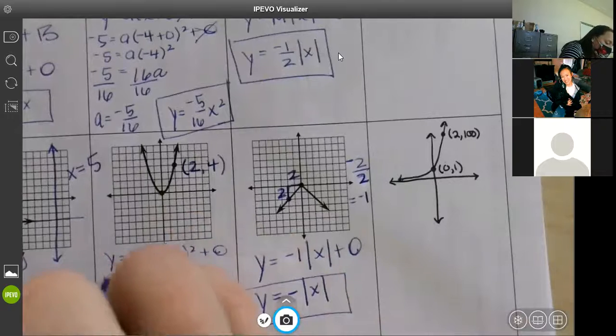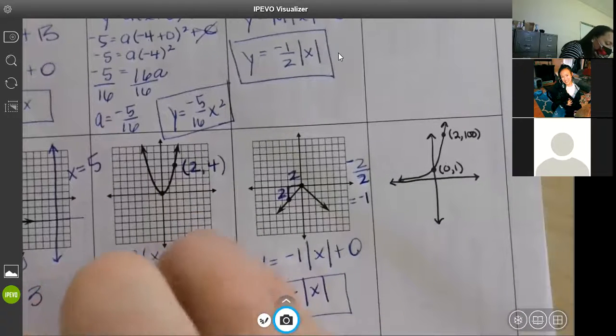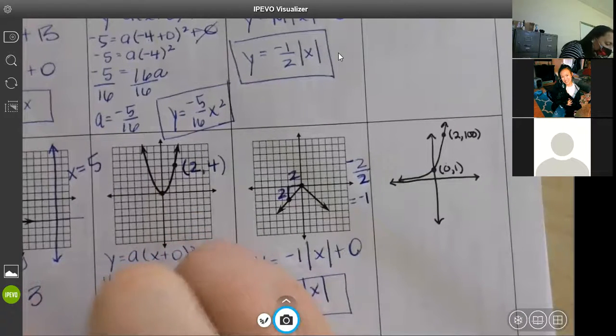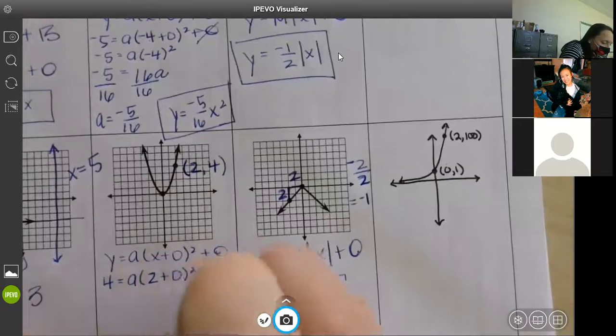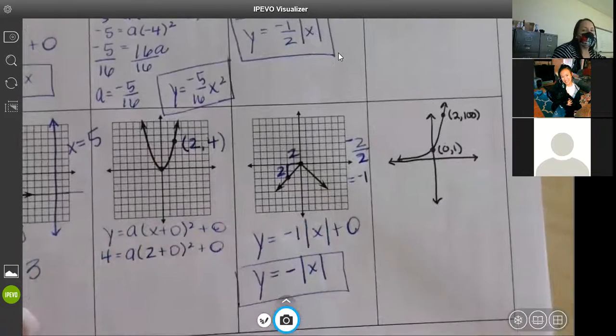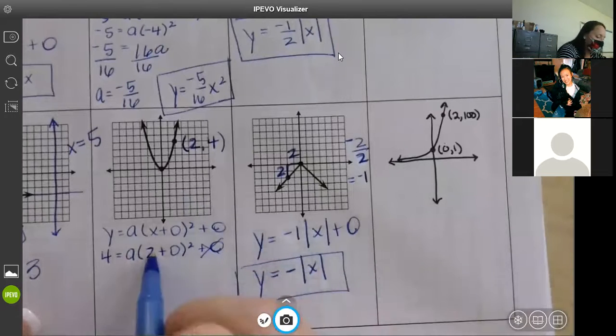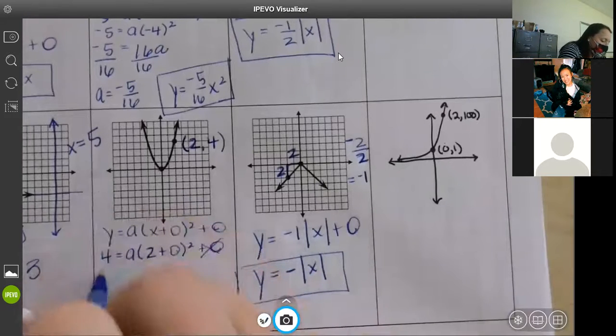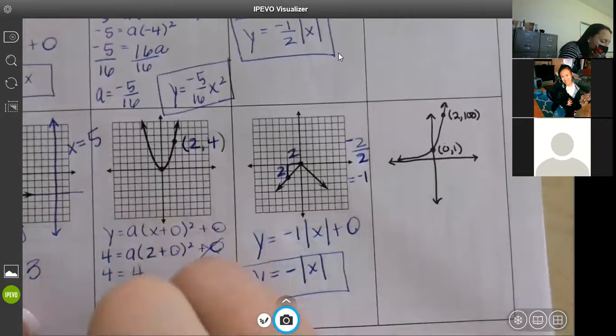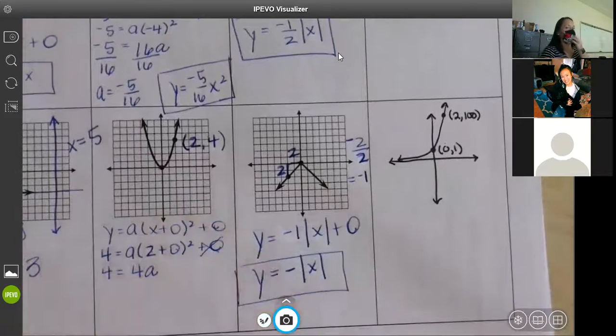Our y coordinate is 4. We're looking for A. Our x coordinate is 2. Again, this 0 on the end doesn't matter. It's not going to change anything. 2 plus 0 is 2. Squared is 4. Multiplied by A is 4A.